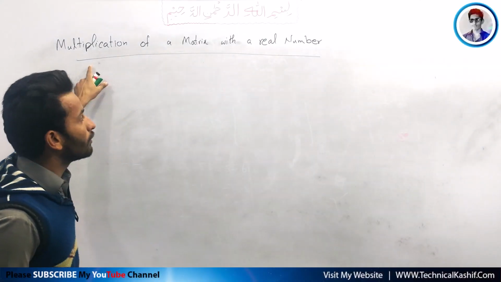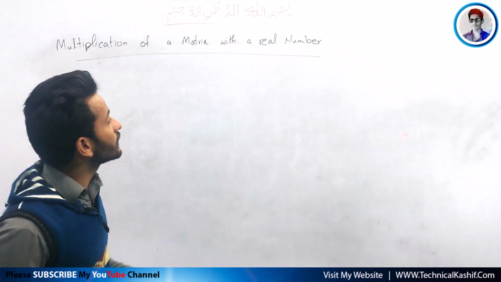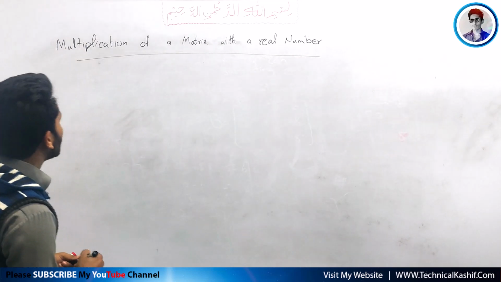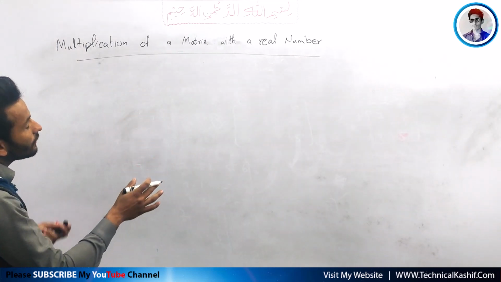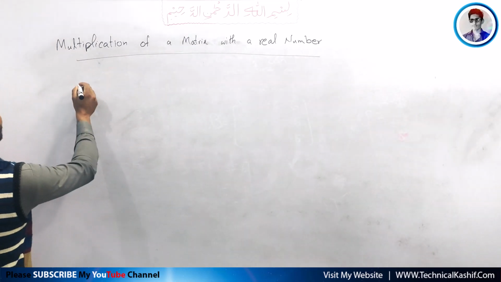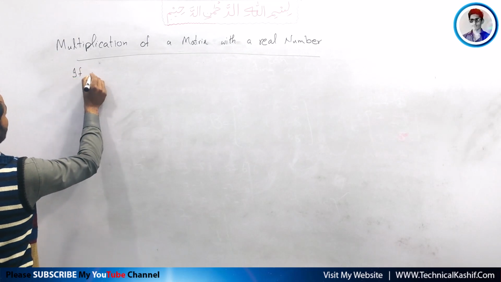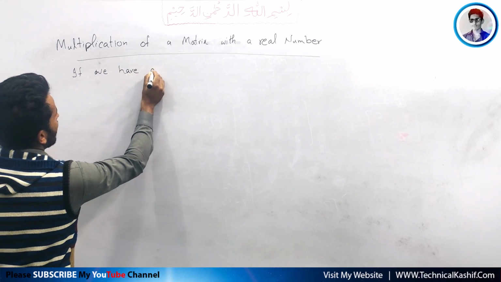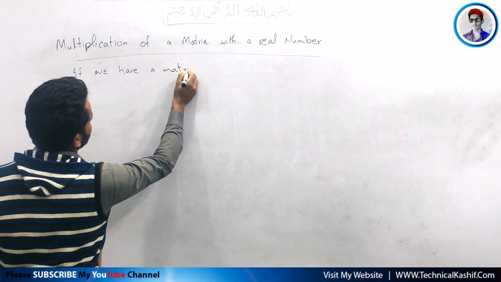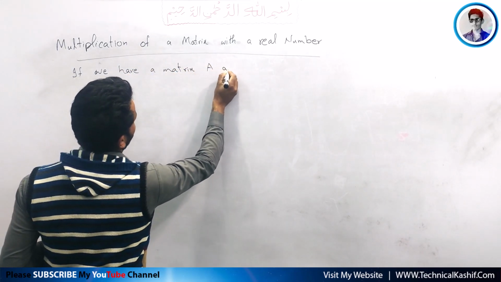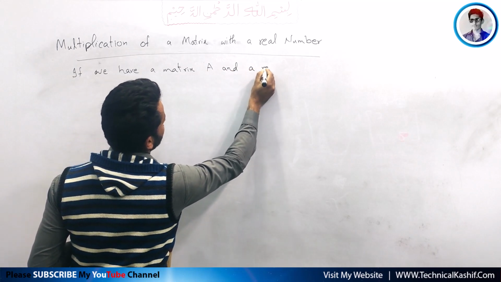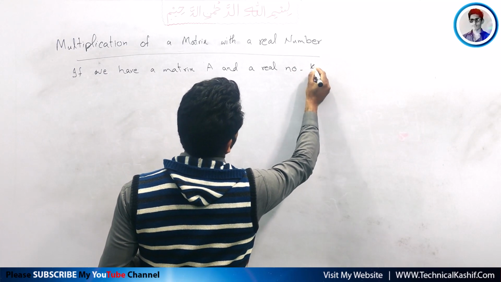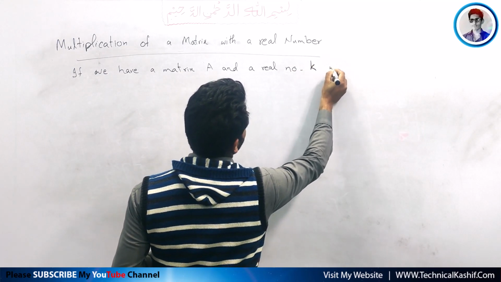Today we study multiplication of a matrix with a scalar number, a real number, by multiplying a vector with a real number. What we can get? If we have a matrix A and a real number, scalar k, we can multiply them.